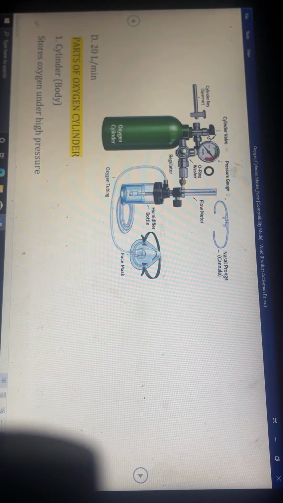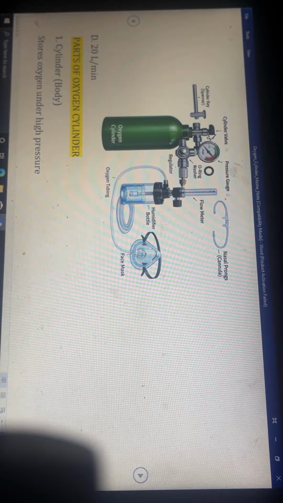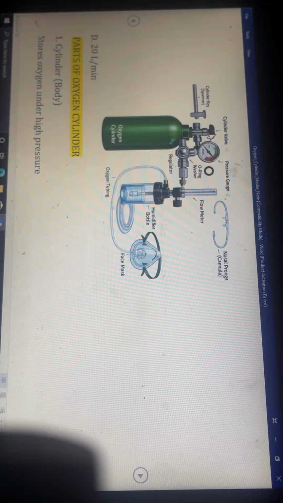When it is closed, the oxygen remains intact. So for being in this academy tonight, you have noted that the cylinder valve helps to do what? Open and close the cylinder, to either allow flow of oxygen out of the cylinder or to close it when there is no patient to administer the oxygen to.